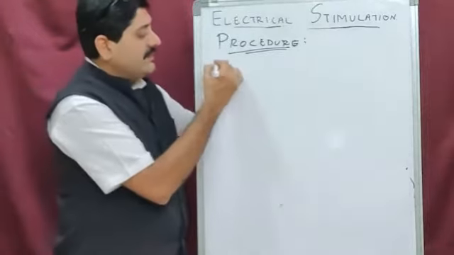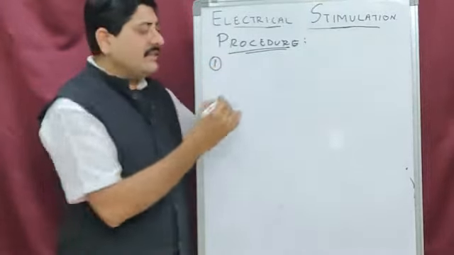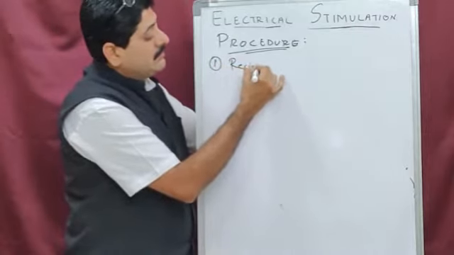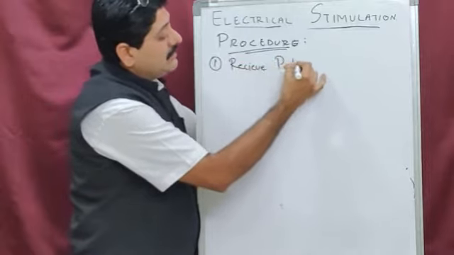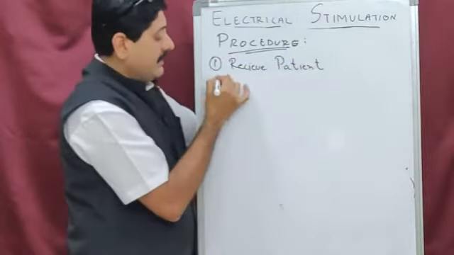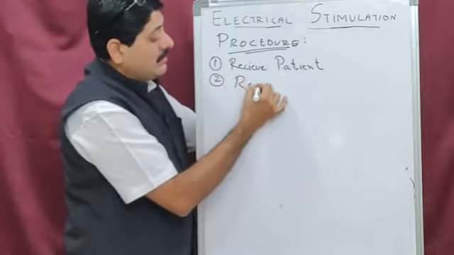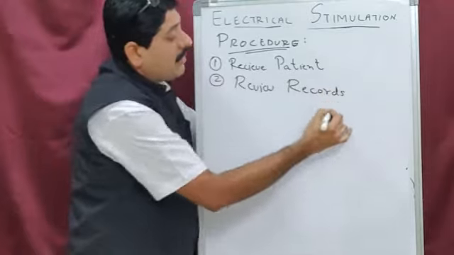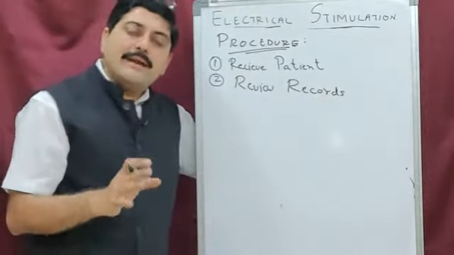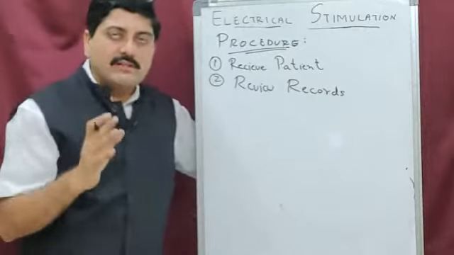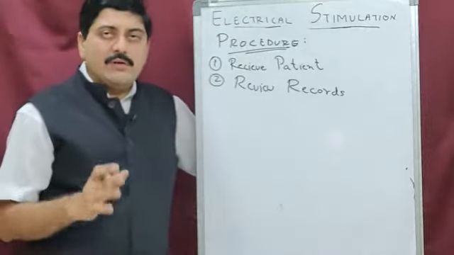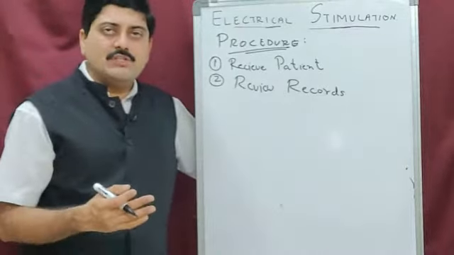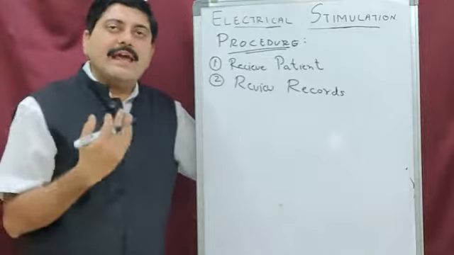What is the procedure? The first thing is deciding the treatment, right? So you receive the patient, right? Then you review the records, definitely medical records or medical paper or medical investigation, whatever the patient is having, to find out whether it is something that is treatable with electrical stimulation or not, whether you can help the patient or not.